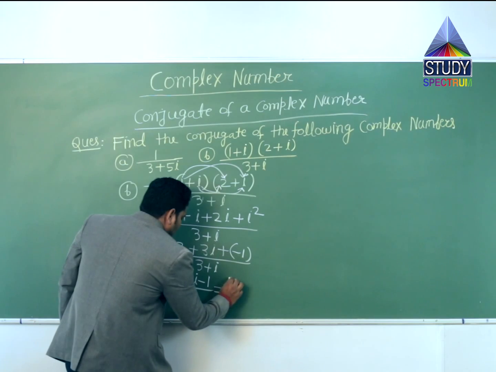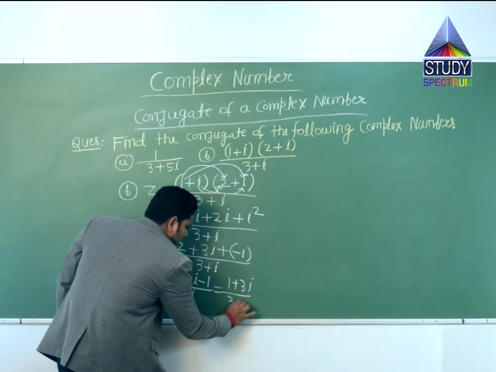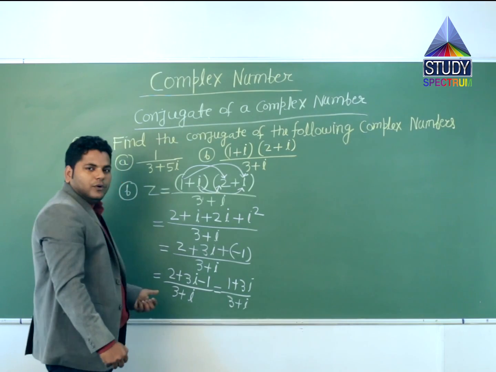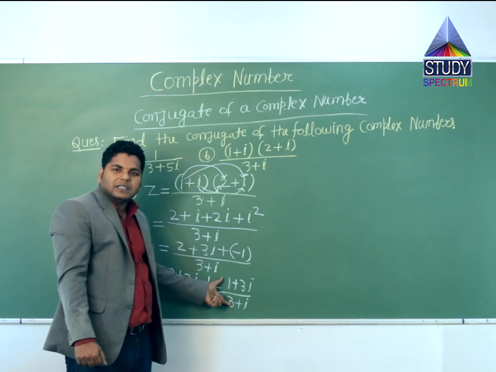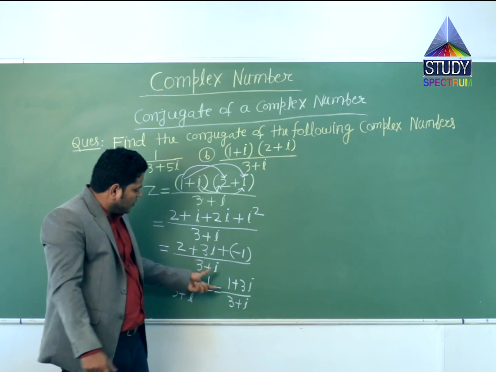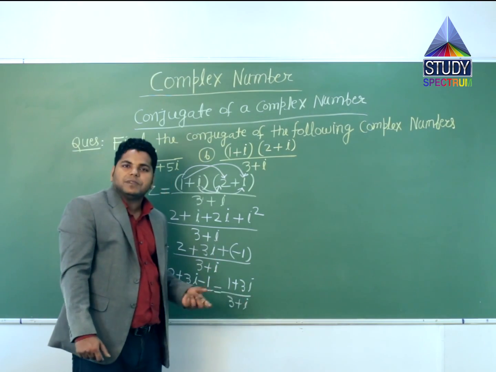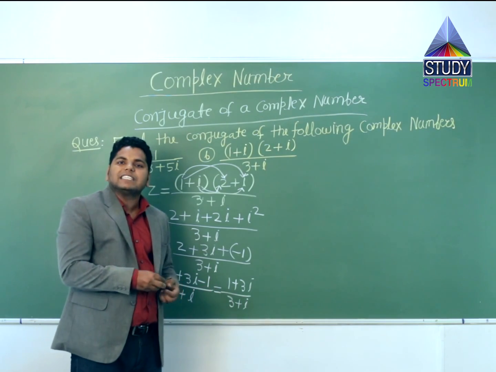So we'll write 1 plus 3i upon 3 plus i. Still we have not converted the complex number in terms of x plus iy. So we will convert this complex number 1 plus 3i divided by 3 plus i in terms of x plus iy.